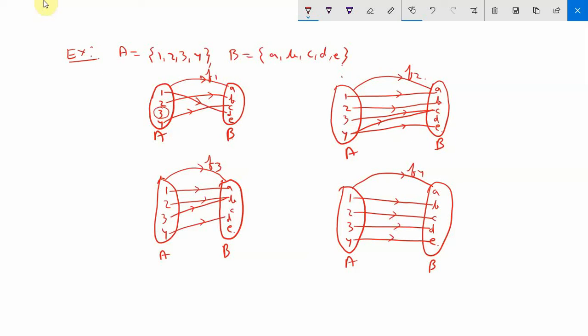It has two images in set B, that is c and e. So f2 is also not a function.